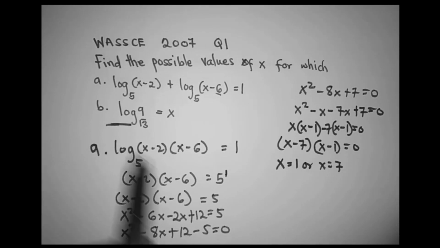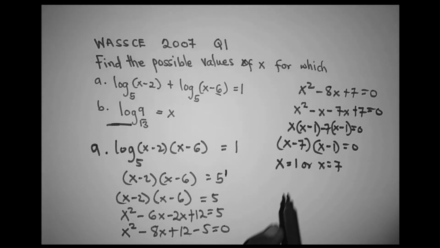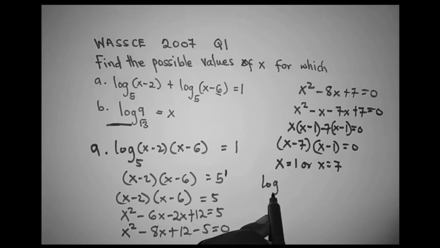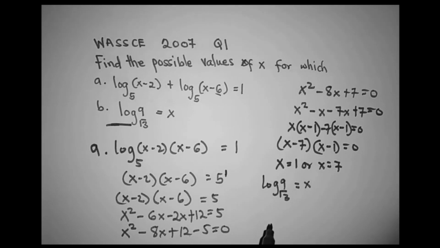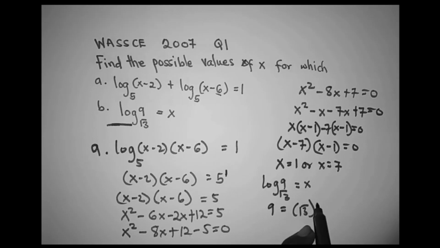Then the b part says that log 9 base root 3 is equal to x. So what we can do is that this can be written as 9 equals root 3 exponent x.